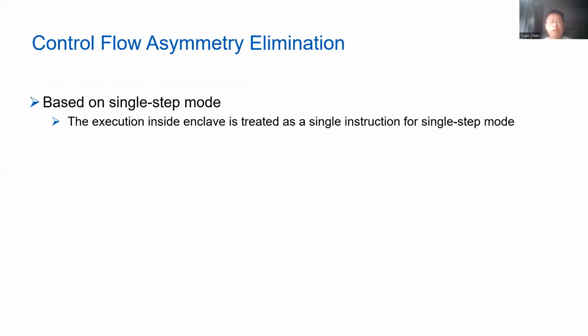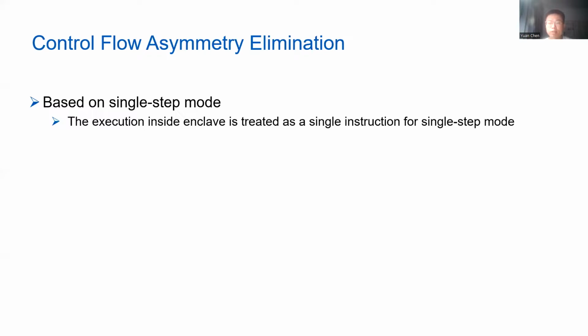First, let's look at how control flow asymmetry elimination works. When we read the Intel Software Developer Manual, we found an interesting feature. It is that the single-step mode would regard the whole execution inside the enclave as a single instruction.